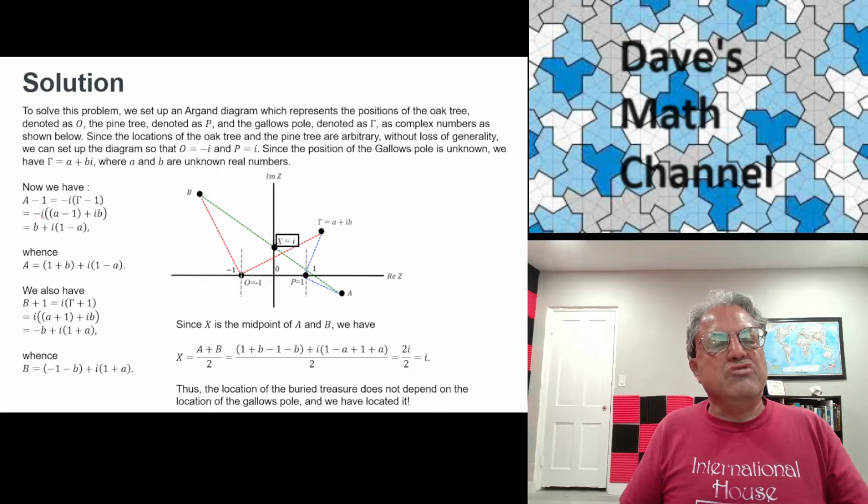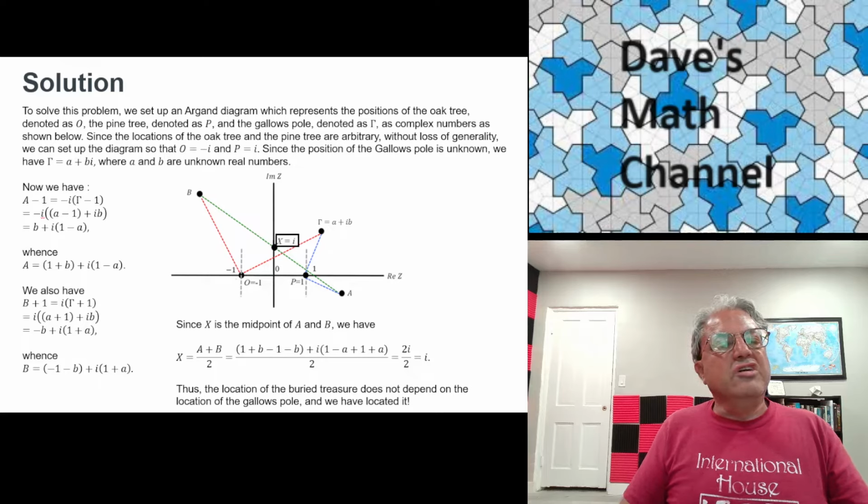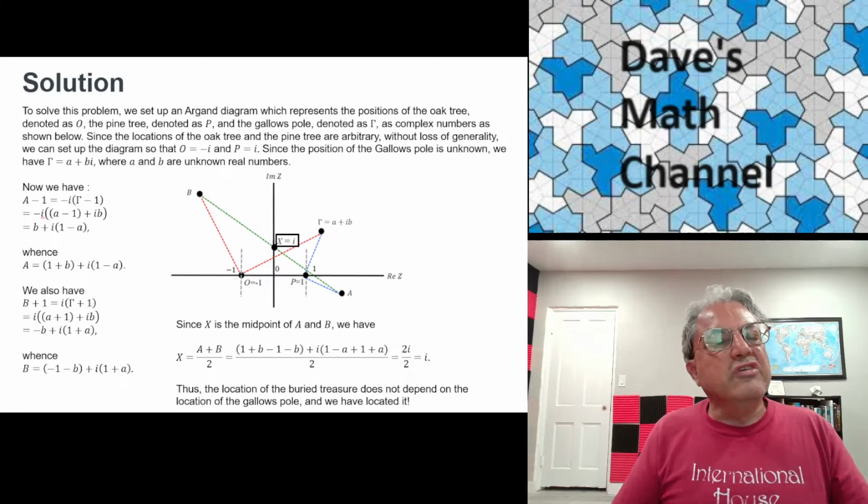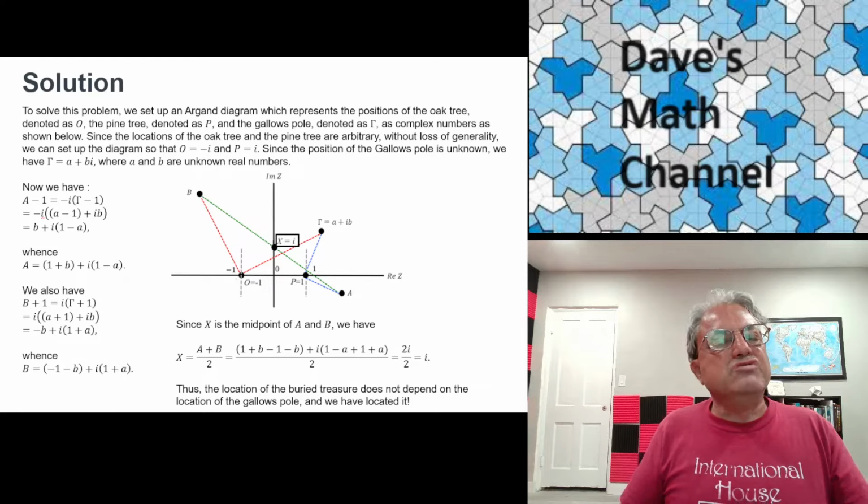If you think of a complex number as a vector, that vector is just the vector going from the pine tree, P, to the gallows pole. If you want to write that as a complex number, it's just gamma minus 1, which is A minus 1 plus IB.